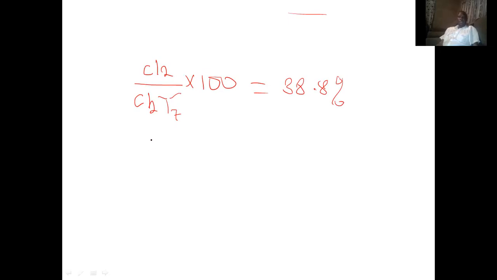So we know that the relative atomic mass is 35.5 multiplied by 2, which is 71.